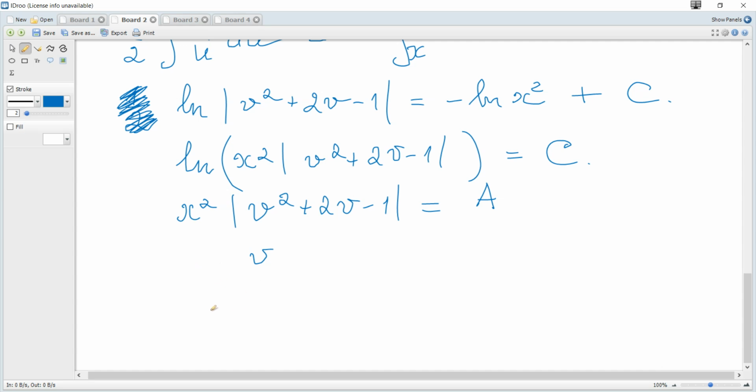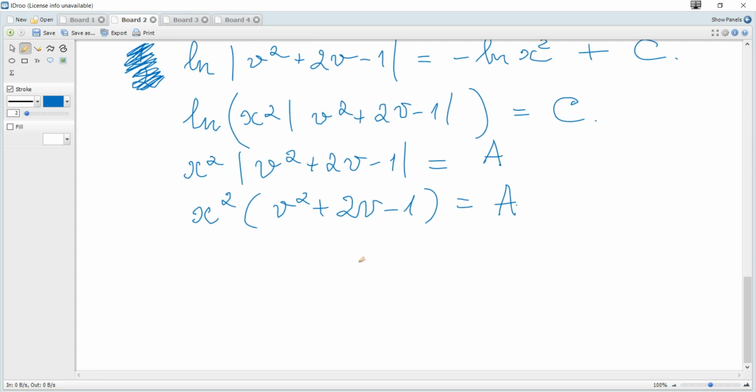But since there is an unknown constant, we can rewrite without absolute value bars, and this constant will take into account whether this expression is positive or negative when you find this constant. Because if it's positive, it's some constant. If it's negative, it's together with minus, so it's just another constant. But this constant should be found.